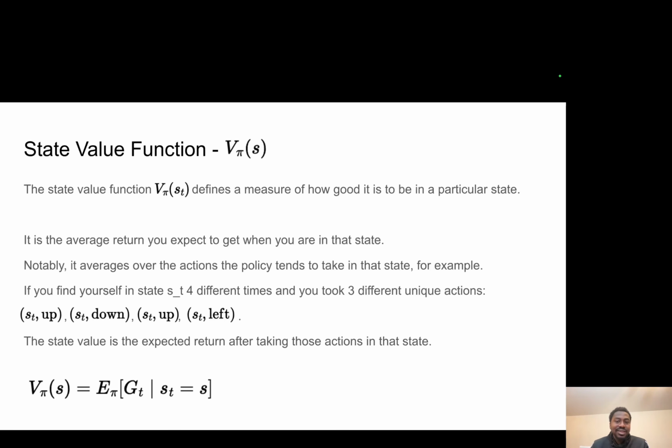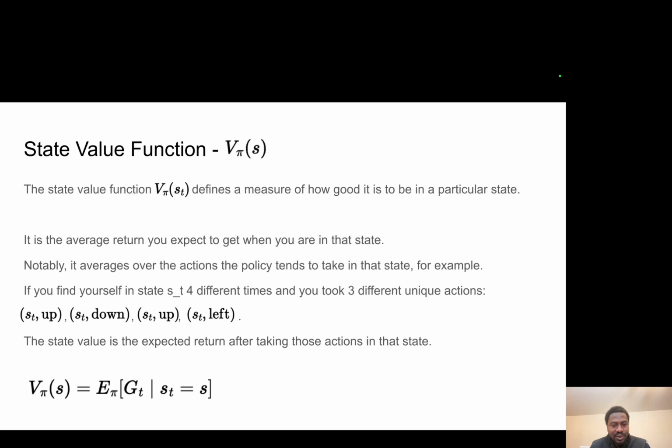Just think about it like this: let's say you are driving and you're trying to get to your destination quickly. And you find yourself in a state where you're on a road with no traffic. That is a really good state, irrespective of how fast you drive, within reason.